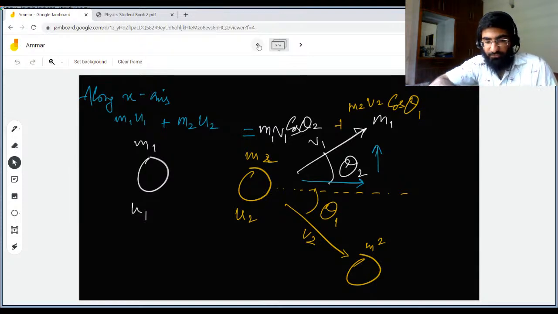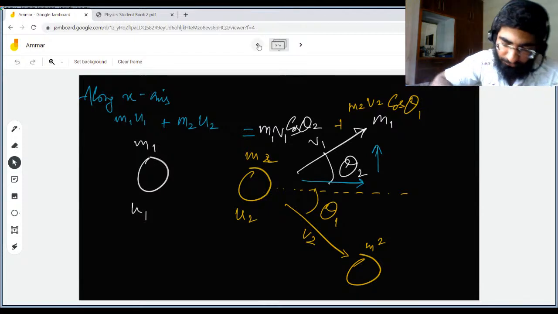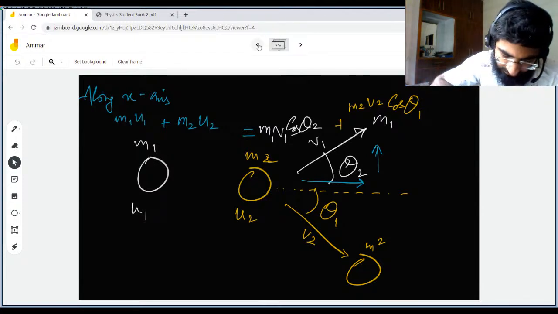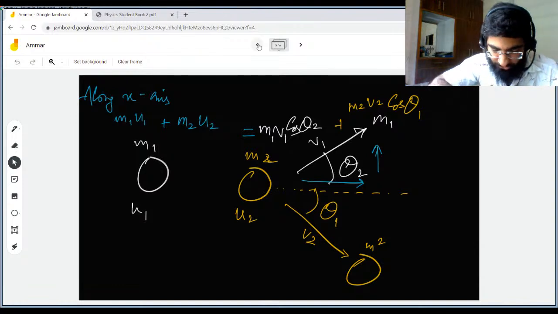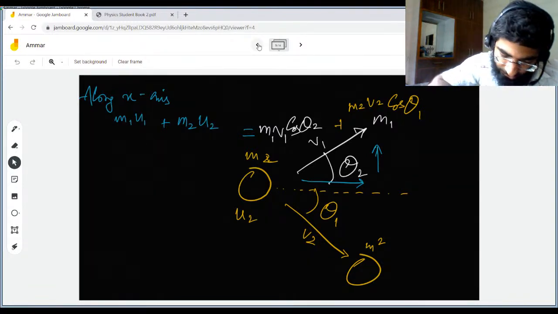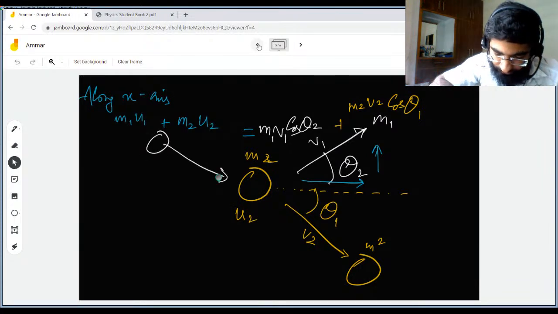Like the second one, like after collision. Yeah. Okay. So for example, I could give you an example right now, but I want to revert back to this situation, because let's say this u1 was in this direction for m1.